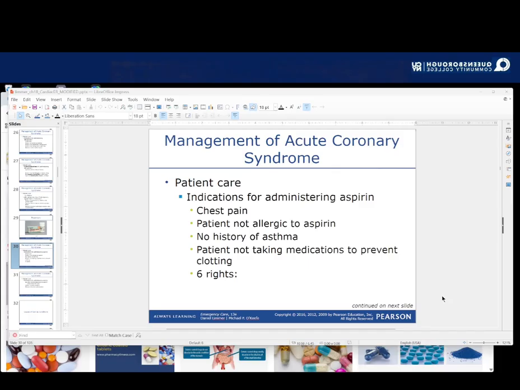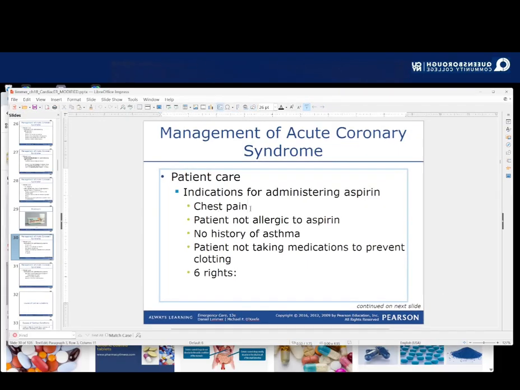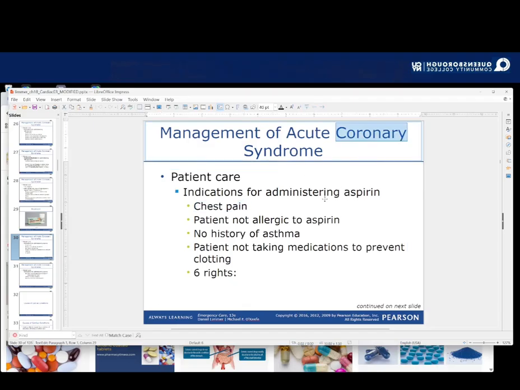What's an indication for aspirin? Chest pain. That's it. You may not give your aspirin to a patient for any other reason than a possible cardiac event. Do not give it because the patient is complaining of muscle pain or bone pain or joint pain. That's called practicing medicine without a license.